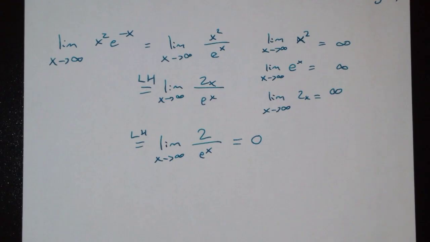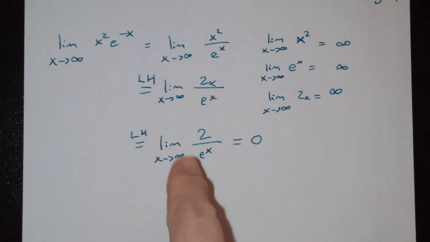So I had to manipulate my expression first to get it into a quotient, check if I could use L'Hopital's rule, and then use it until I ran out of infinities or zeros.